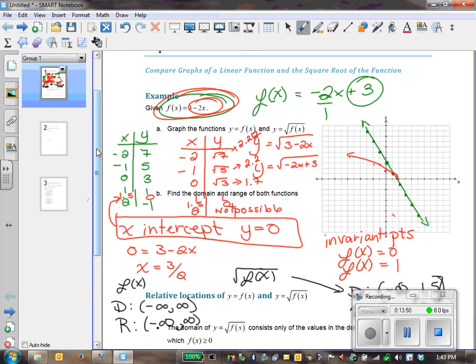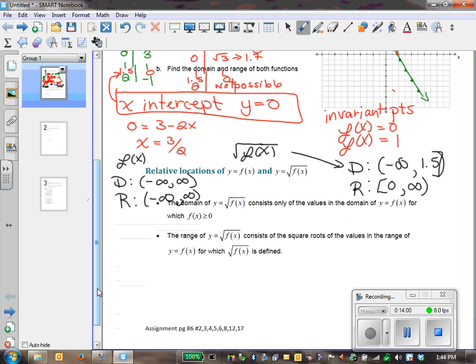Can we have values where the f of x graph is less than 0? Not possible, okay? So that's all that's saying, is that the only place that you can have a domain is where the y values are greater or equal to 0 on the original graph. Because if they're negative, no possibles.